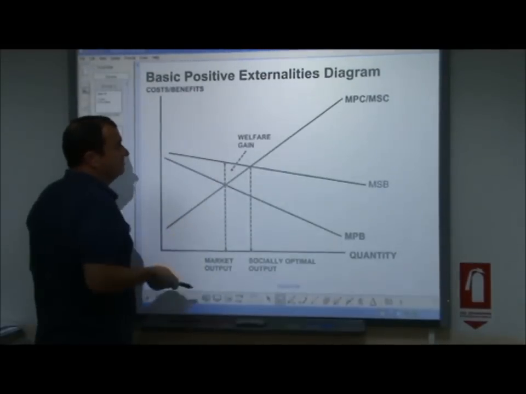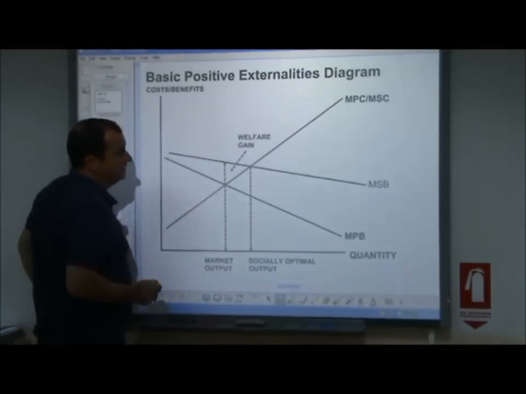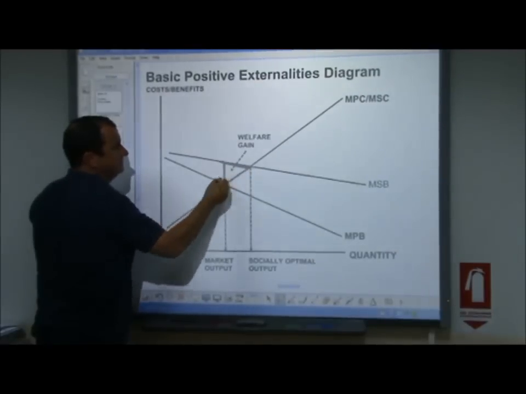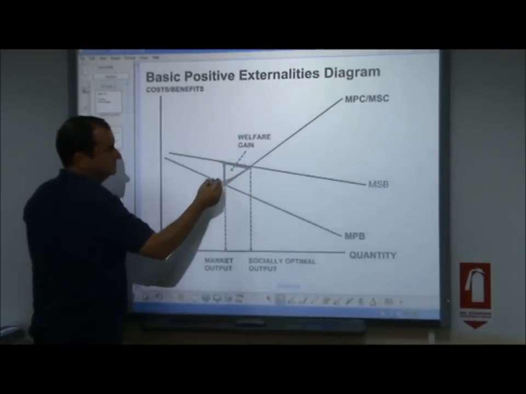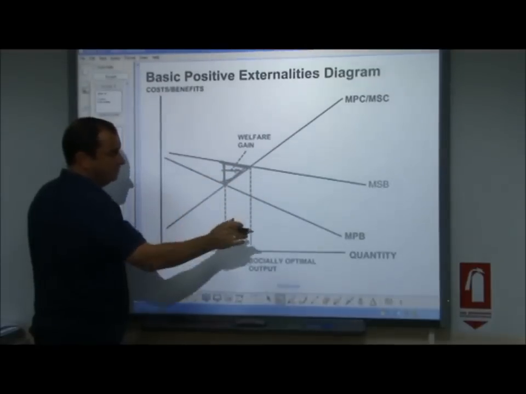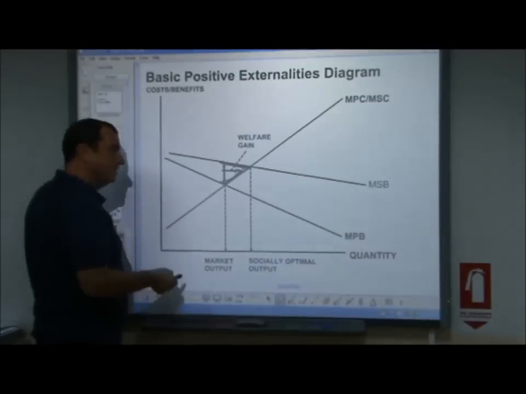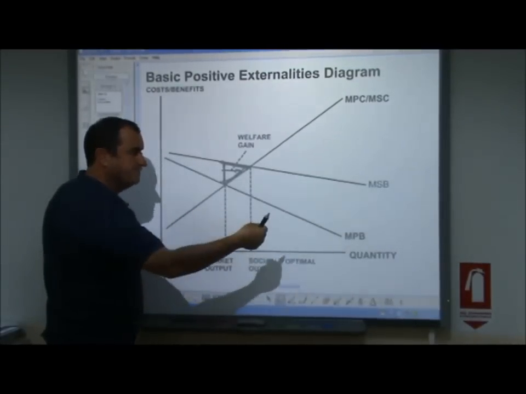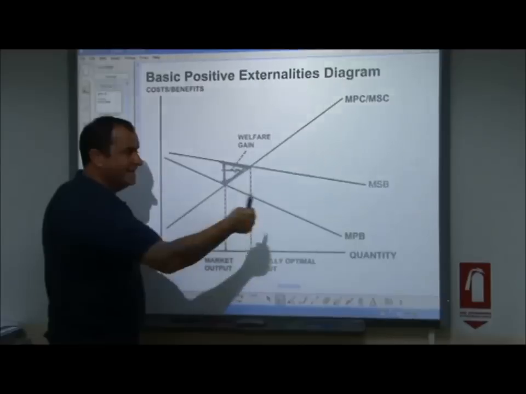And one way to remember welfare gain, and make sure you get the right triangle, is with positive externalities. That triangle is, if you like, pointing outwards. It's pointing to having more. Think of it as a triangle that's pointing outwards, saying we need more in this market. With negative externalities, and there's overproduction, the welfare loss triangle points to less.